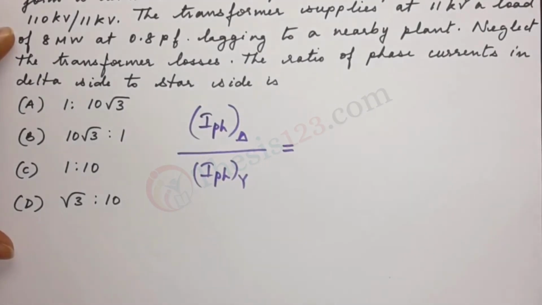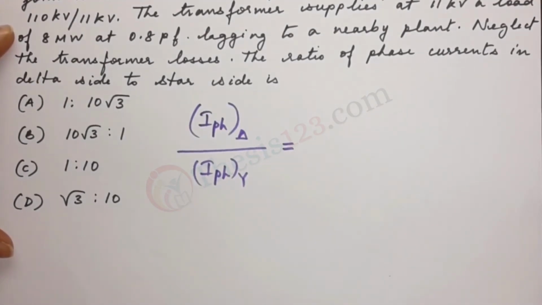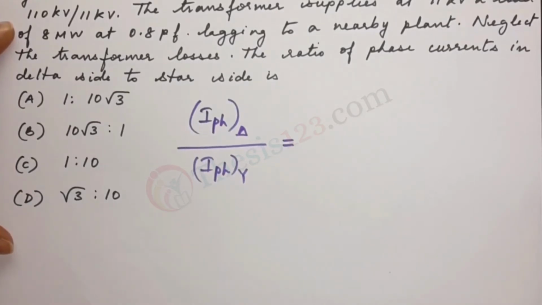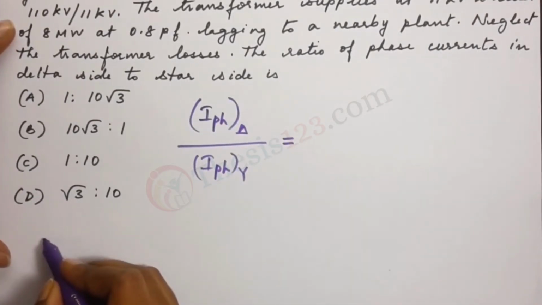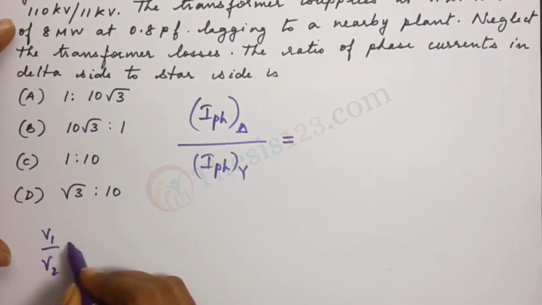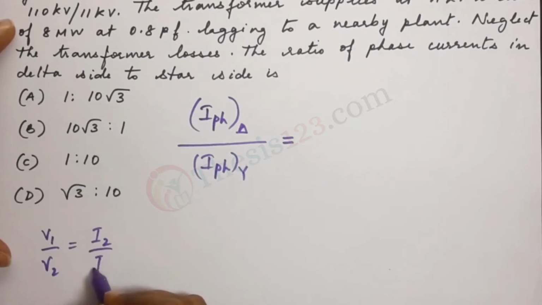Now, in general terms, we are familiar with the ratio of voltages and currents. The general relation is V1 by V2 is equal to I2 by I1.